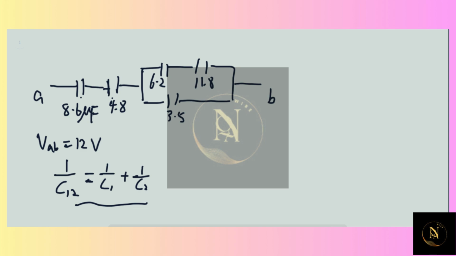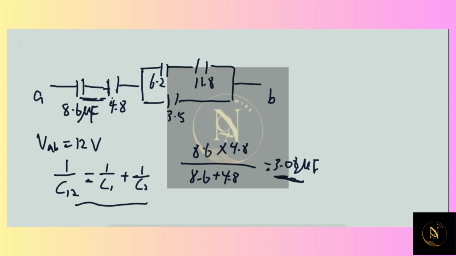By using this formula, you can see that the equivalent capacitance for these two equals 8.6 times 4.8 divided by 8.6 plus 4.8, which equals 3.08 microfarads. So this is the equivalent capacitance for the first two.